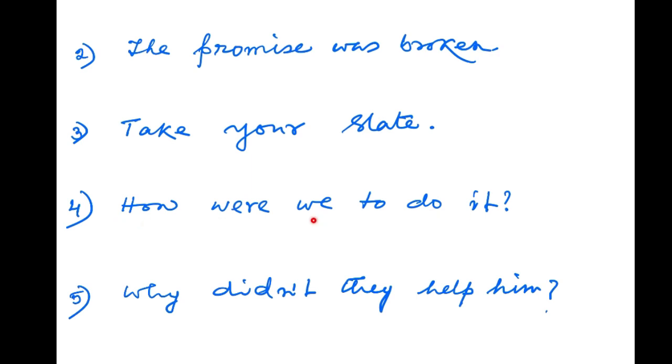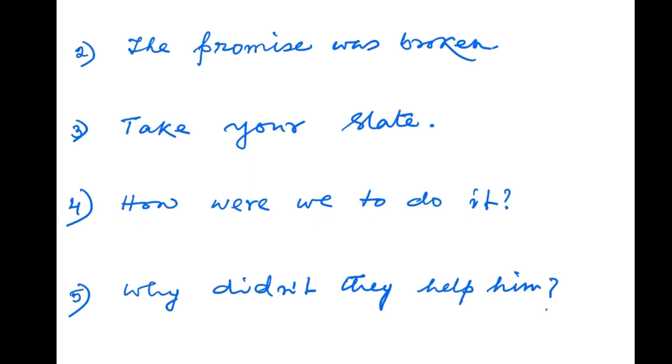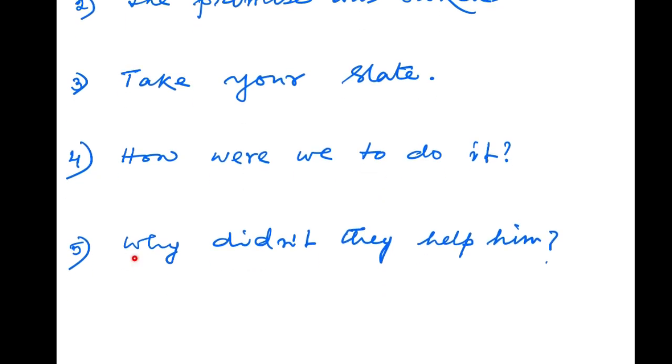Number 4, how were we to do it? And number 5, why didn't they help him? These are the 5 sentences. Copy them in your notebook and do the answers yourself.